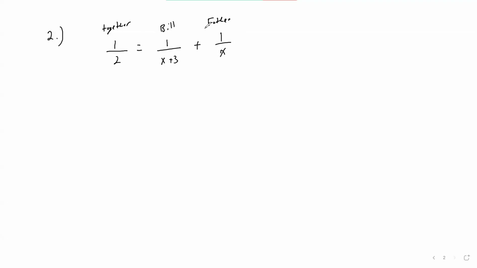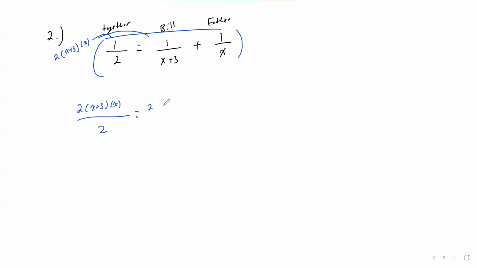So then I can add these together. And so if you recall, to actually work these out, I'm going to multiply by the common denominators. So that's going to be the 2, the x plus 3, and the x. So this goes into all of them. So therefore I get 2 times x plus 3 times x times 1, so that's going to just be over 2.